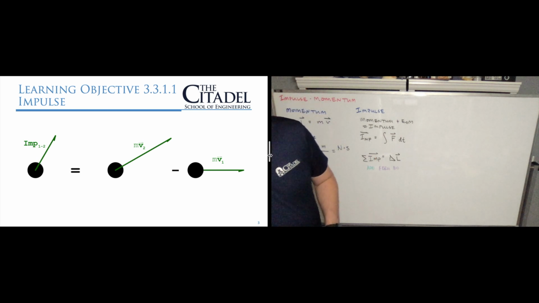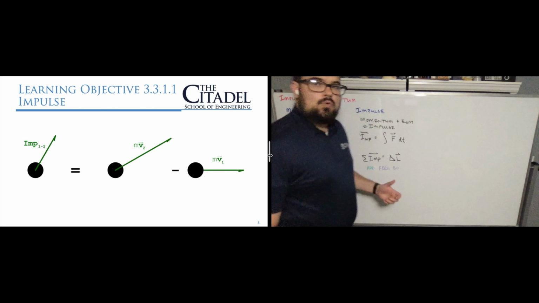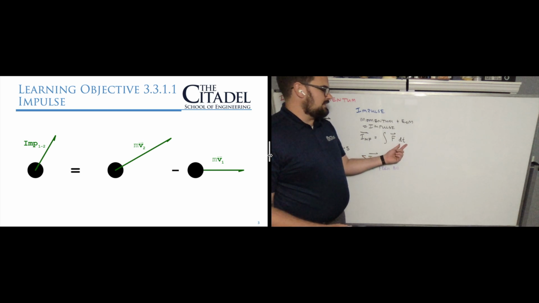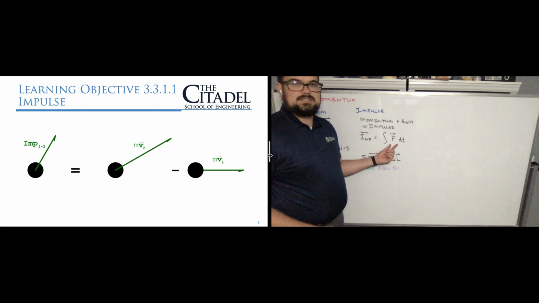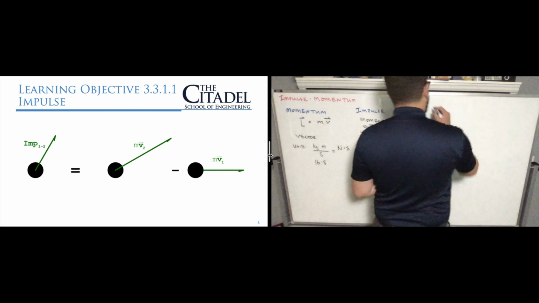And so when we think about this, this is going to be particularly applicable when the time we're dealing with is fairly short, so that we can assume that this force is acting in a relatively constant manner. And so often what we will talk about is impulsive forces.